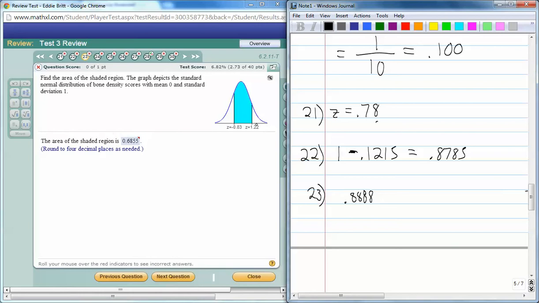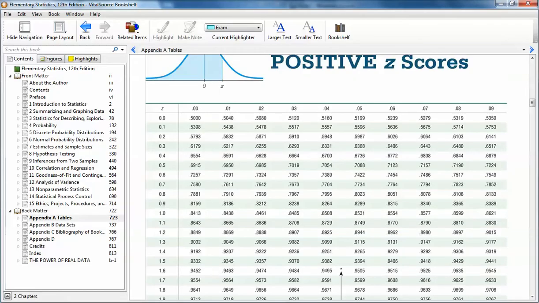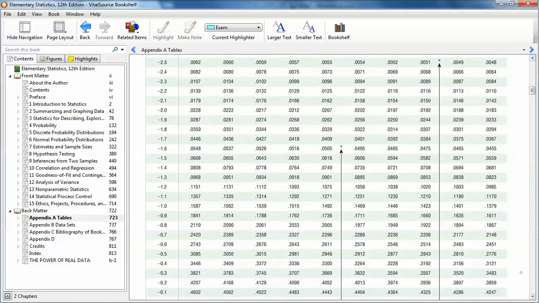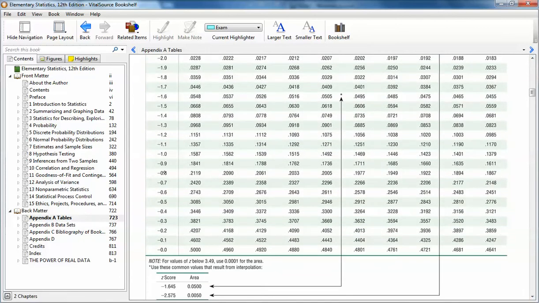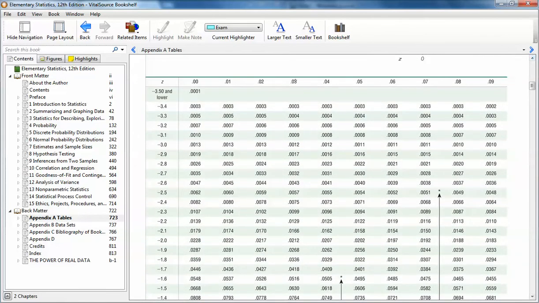That's the area up to that point. Now we want to subtract the area we get out of the table for negative 0.83. So we go back to the negative table. Negative 0.8, and I believe 3 is right here, but let me double check. 3 is actually the fourth column.